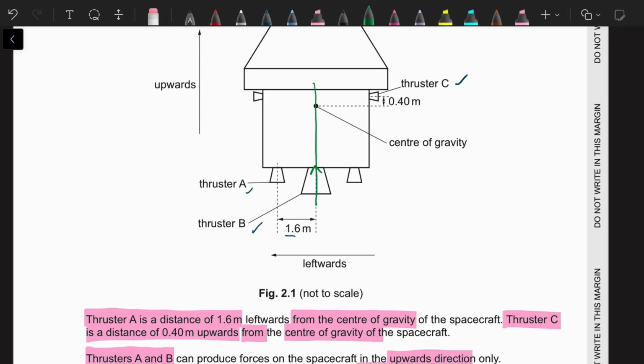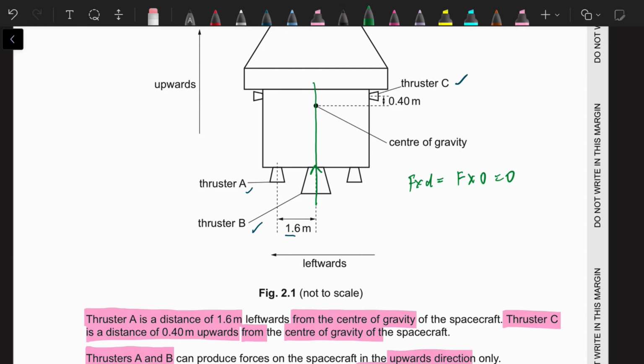So since it coincides with the center of gravity, the distance from the center of gravity is actually 0. And F times D is F times 0, because the distance is 0, you're going to get 0. So your moment for B will be 0 about the center of gravity.